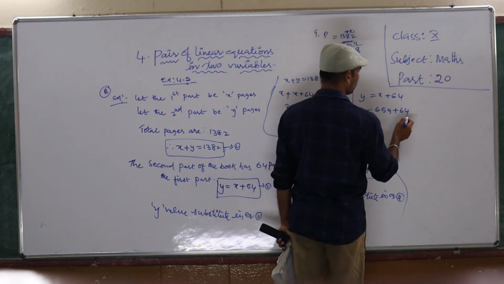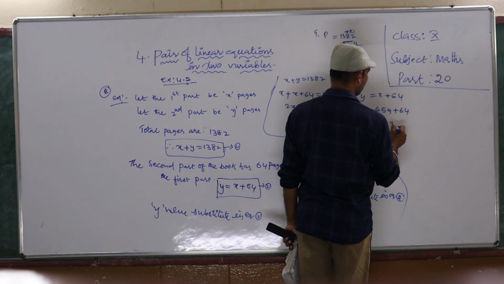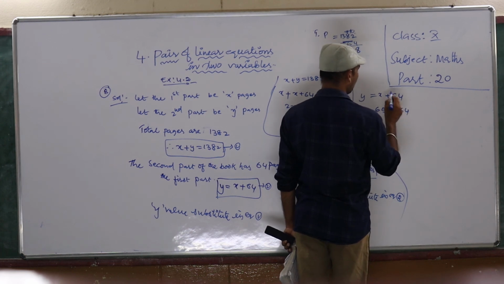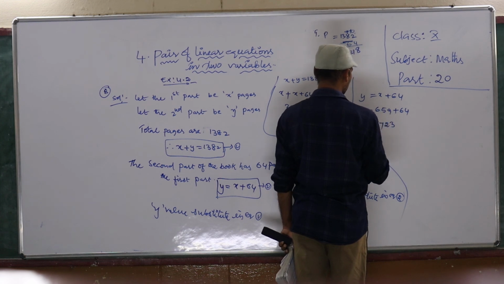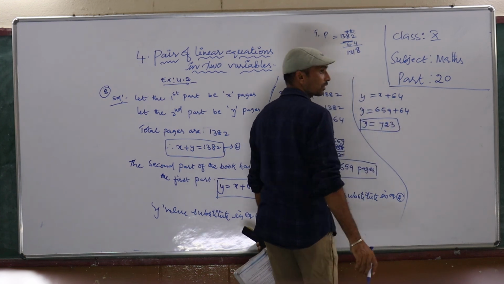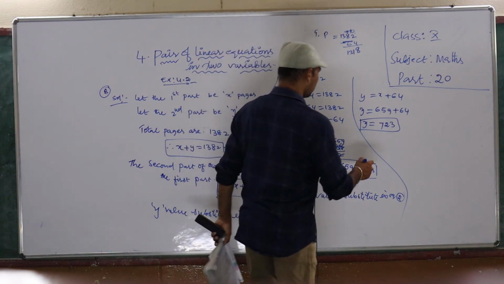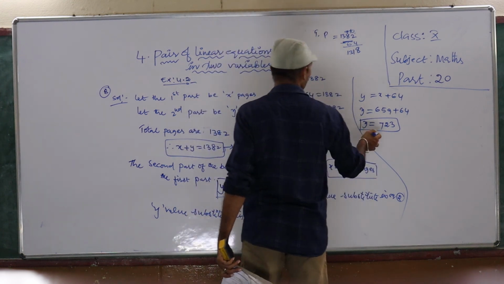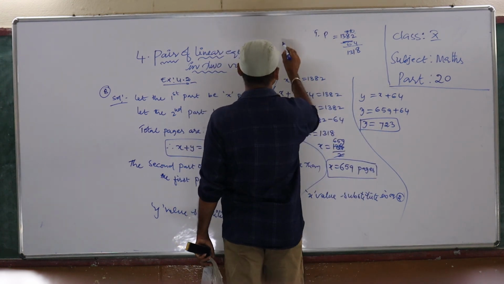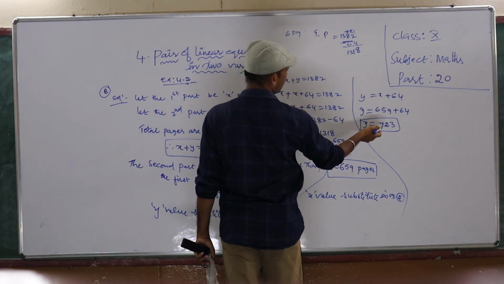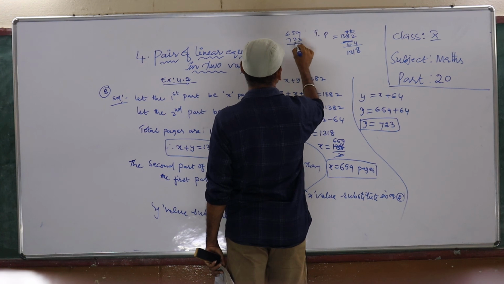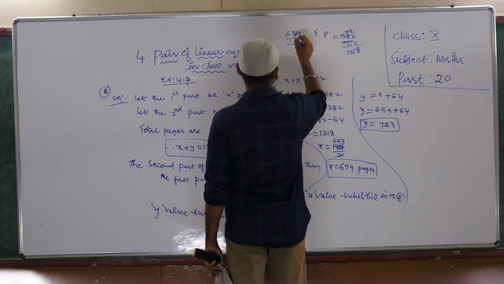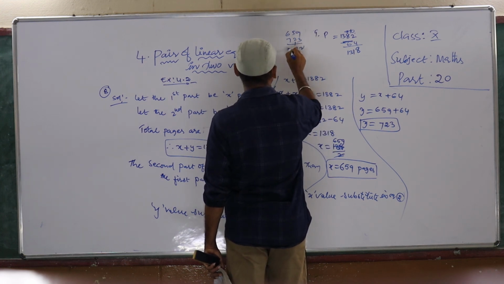Then y is equal to 9 plus 4, 13, 5 plus 6, 11, 11 plus 1, 12, then 6 plus 1, 7, 723. Okay? So therefore, if you have any doubt, the first part is 659, second part is 723.